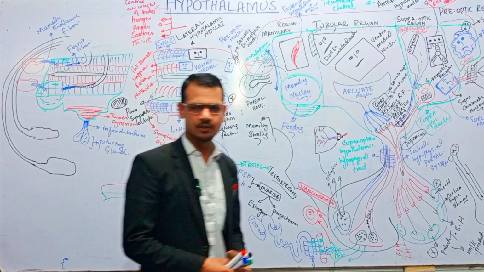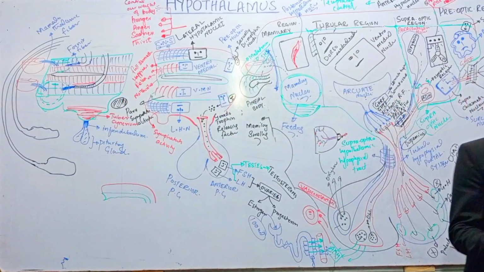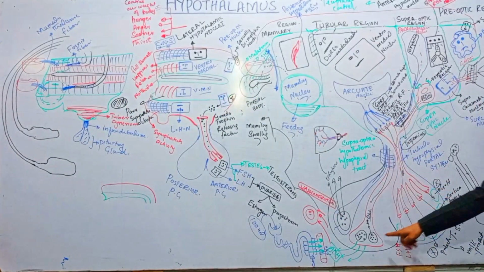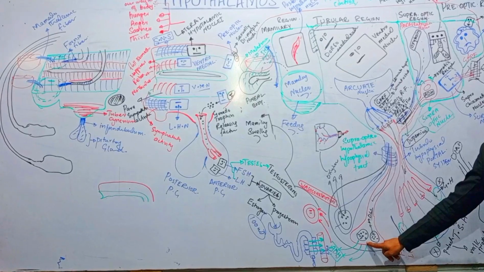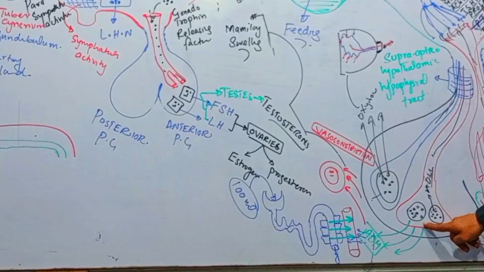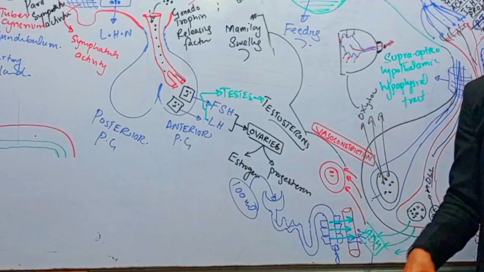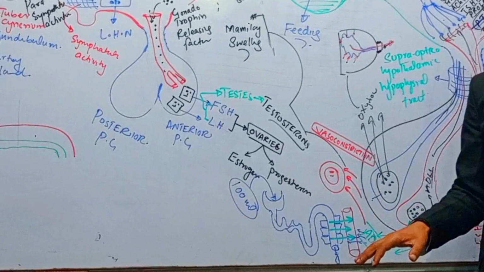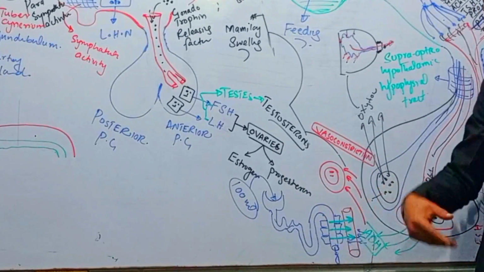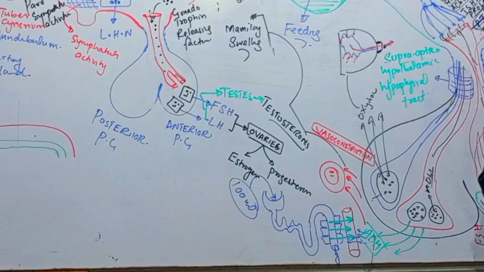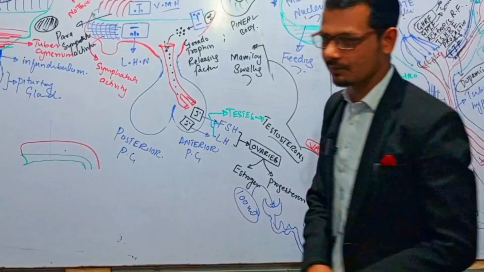Due to some injuries or some tension, when this ADH is not released, more and more water will leave the body, and you will need more water to drink. This is called diabetes insipidus, not diabetes mellitus. So this is all about the hypothalamus.